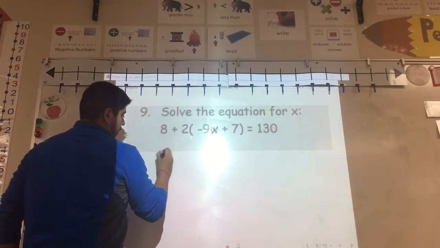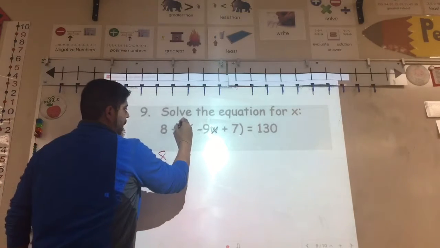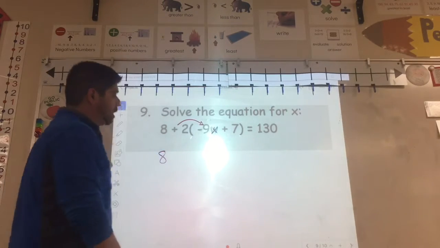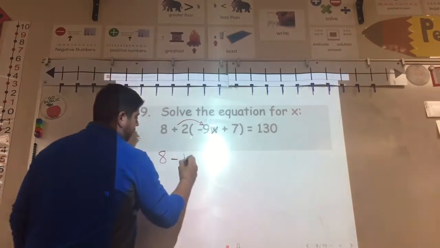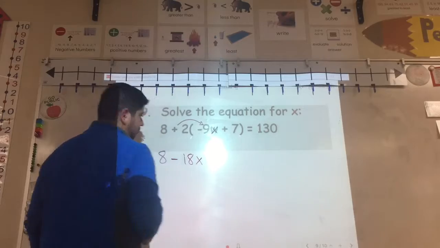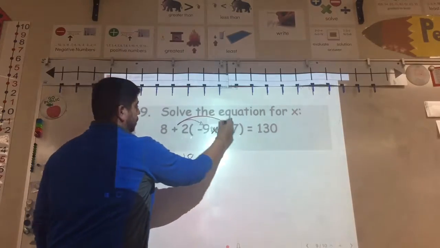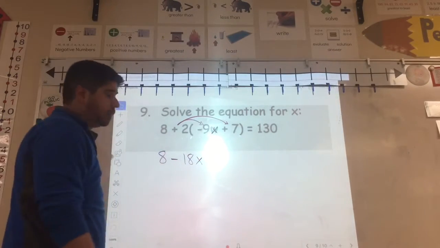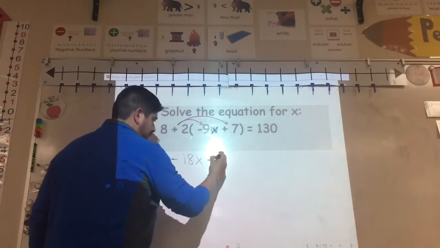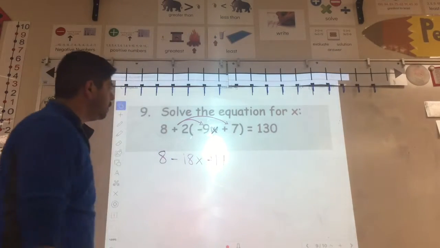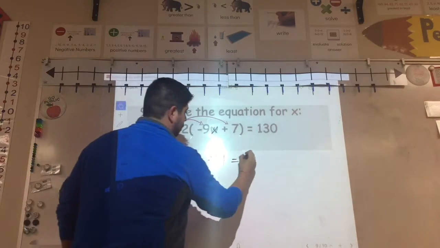So 8. Now, positive 2 times negative 9x is going to be negative 18x. Now, positive 2 times a positive 7 is going to make plus 14. There we go. Now, that equals 130.